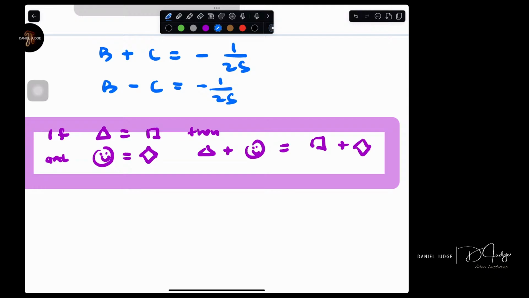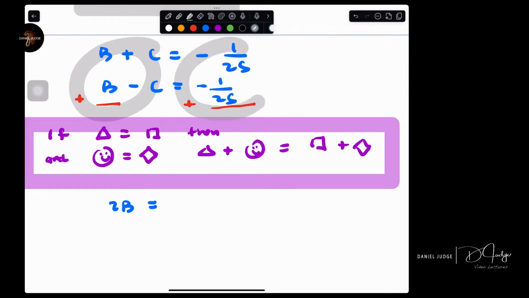So on the left, you end up getting 2b because you're adding the left side and the right side. So you're going to add these together plus these. And you get 2b is really -2 over 25.